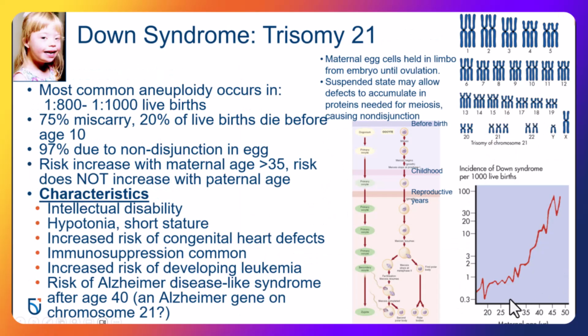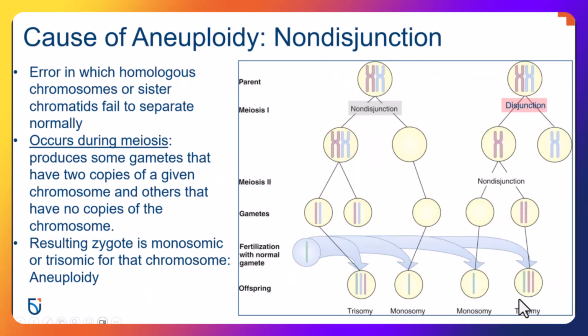Now let's apply what we've learned about aneuploidy and non-disjunction to the most common clinically recognized example, which is Down syndrome, also known as trisomy 21. So this is where we're looking at an example like this, except in this example of Down syndrome, this trisomy is of the 21st chromosome.